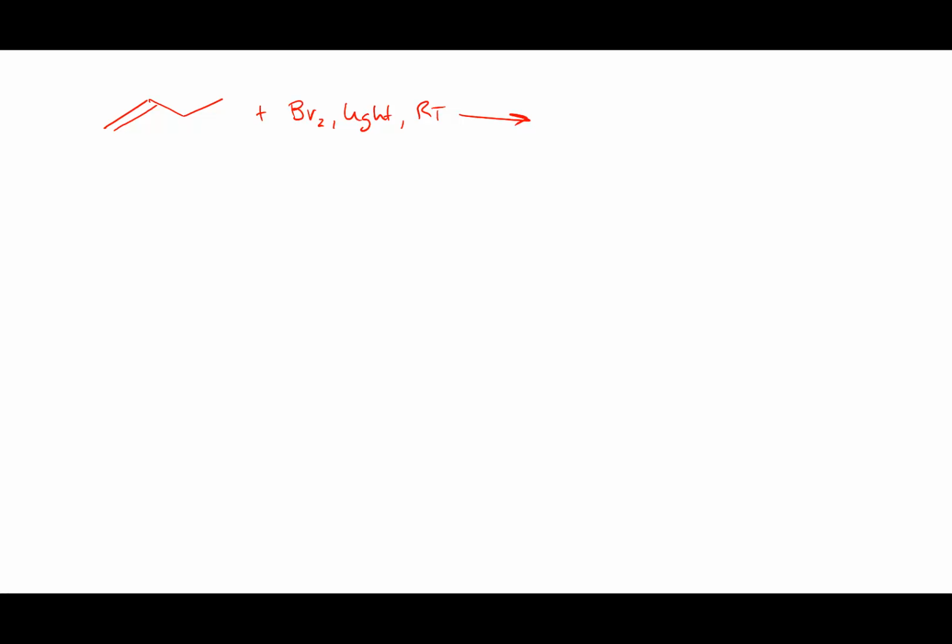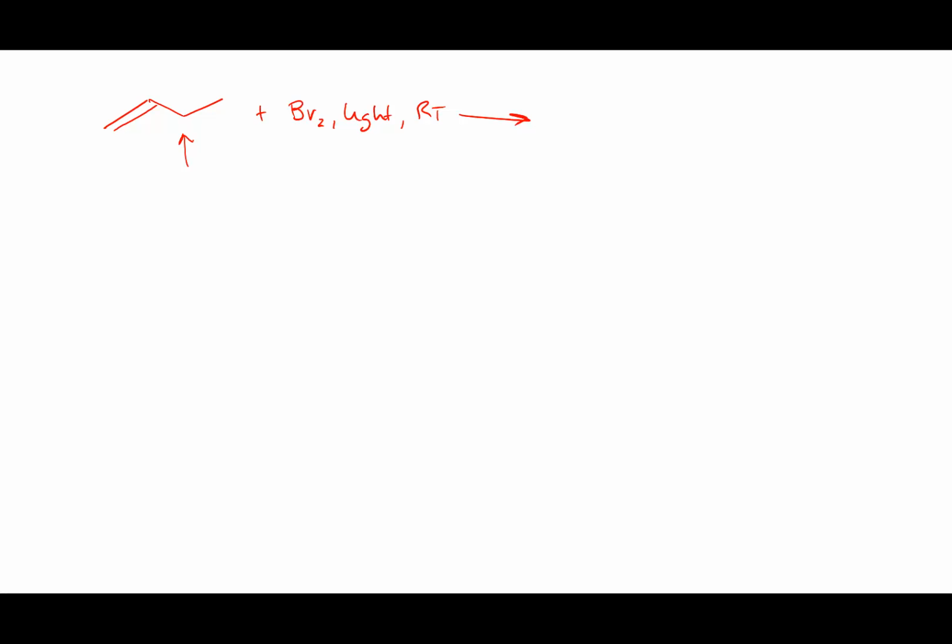So if I try and do free radical halogenation using the conditions that we talked about in the past, instead of putting a bromine at the allylic position, which I will talk about is as selective as a tertiary position, instead what the bromine is going to do is add to the double bond 100% trans.